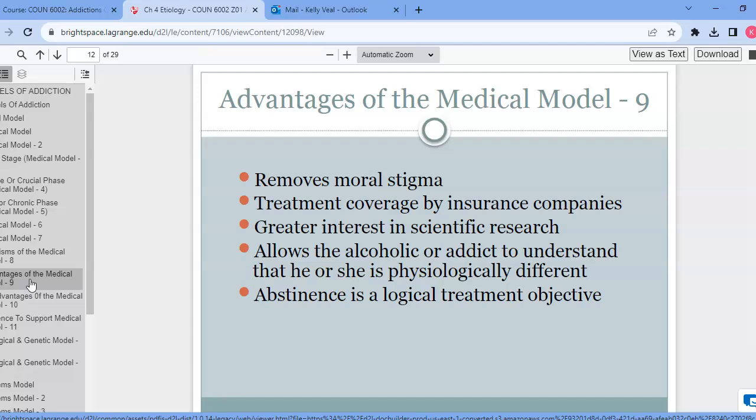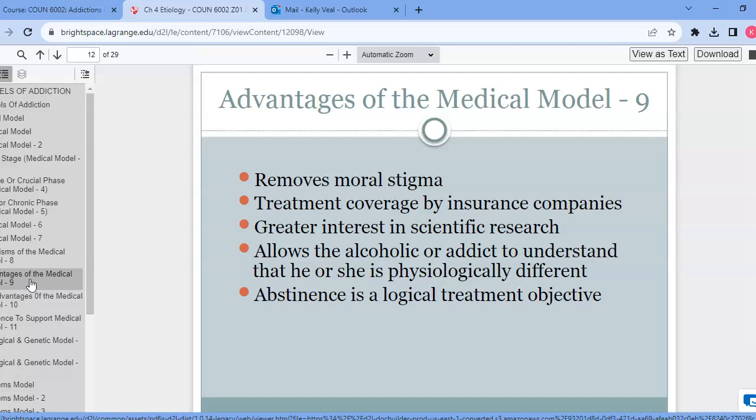And when we look at Amen's SPECT scans of the brain, you can see large areas of the brain affected and not working at all. The neurons are not connecting. So we know that the brain is dramatically changed, but we also know that reverses over time with recovery.